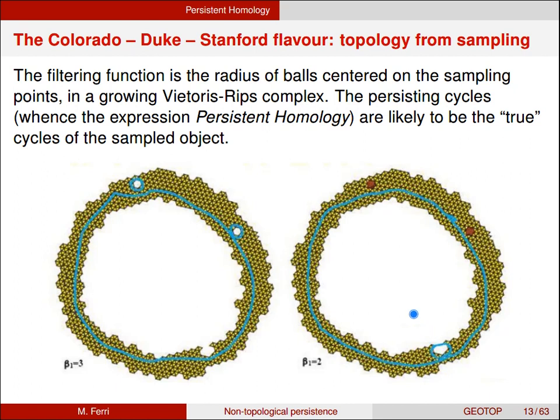Okay, and you must make enormous balls around the sampling points if you want to fill also the big one, okay? So what you have is that in the growing of that radius, you have what? A cycle, 2 small, which live very little, another one which arises, lives very little, and one which persists all along this film, okay? This movie.